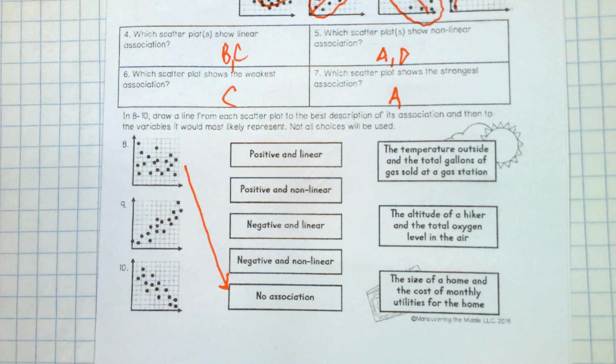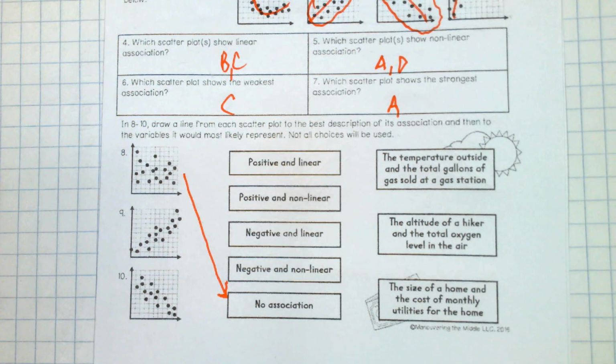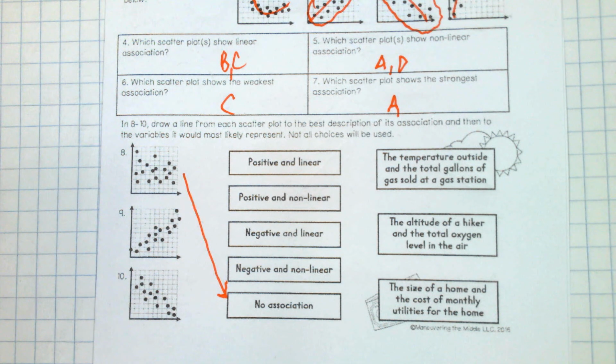Okay? Now we're going to connect this to one of these. So read these three situations: the temperature outside and the total gallons of gas sold at a gas station. That's the first situation. The altitude of a hiker and the total oxygen level in the air. The size of a home and the cost of monthly utilities for the home.